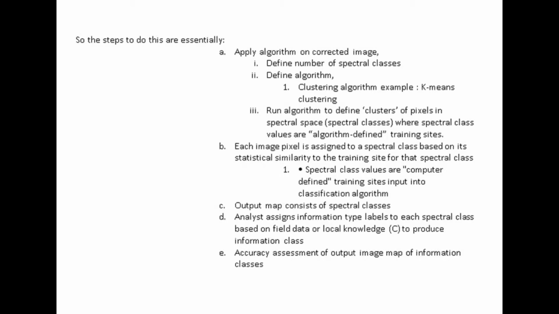And then you want to have each image pixel assigned to a spectral class based on its statistical similarity to the training site for that spectral class. And then the spectral class values are computer-defined training sites input into classification algorithm.